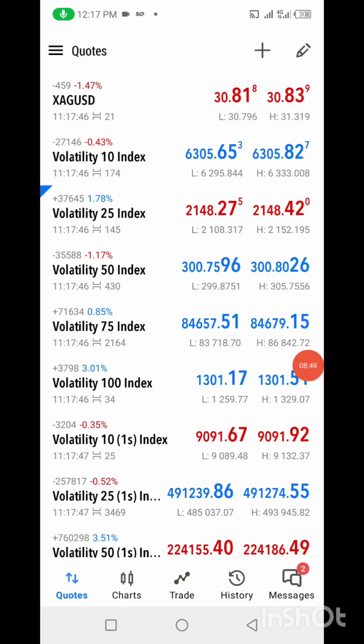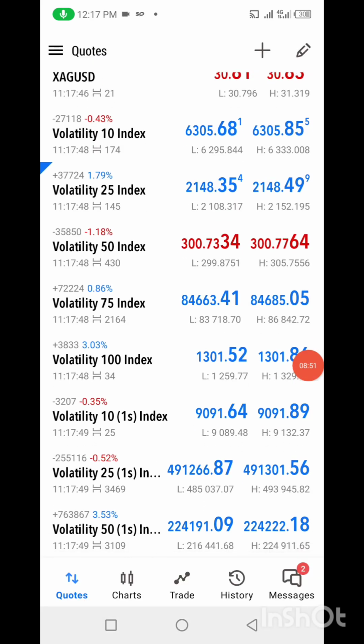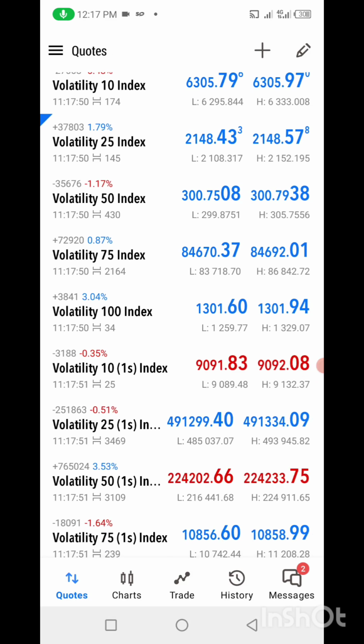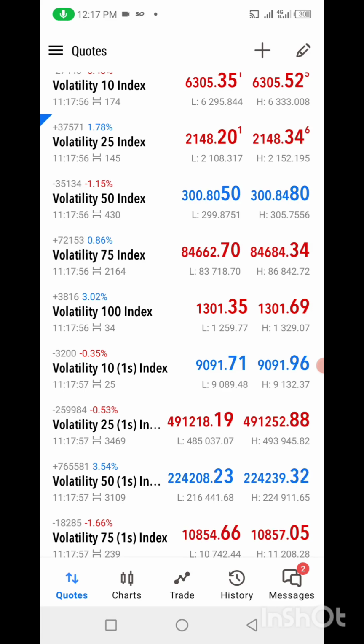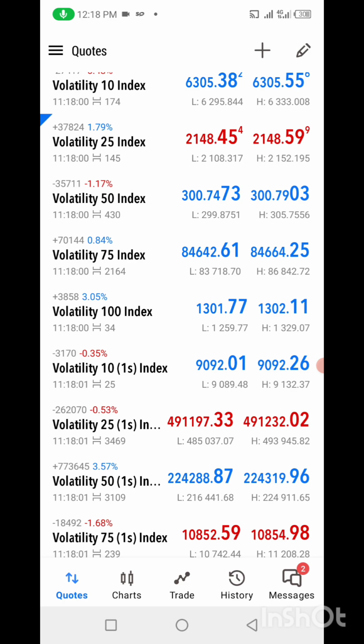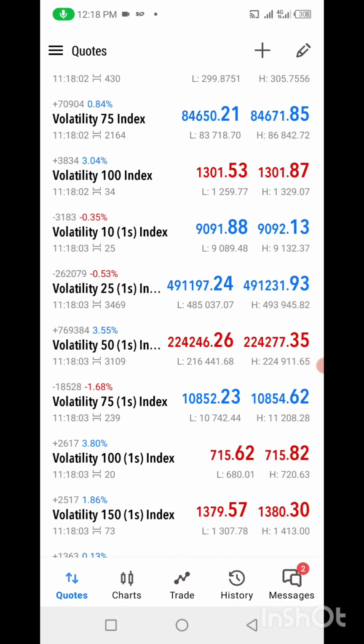So right here, when you log into a broker and start using a trading platform like MT5, you are an observer. You don't even need to open the candlestick charts or any other form of chart.